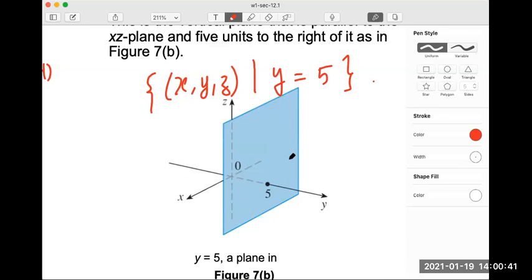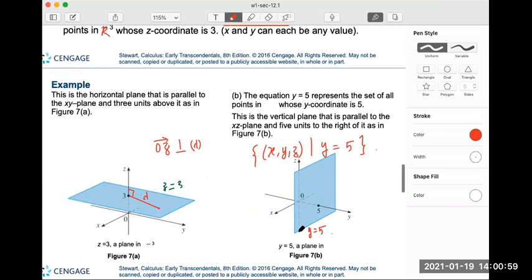And here is the plane y equal to 5. Okay, that's the new concept. Do you have any question about this new concept? Okay, seems to be easy for you.